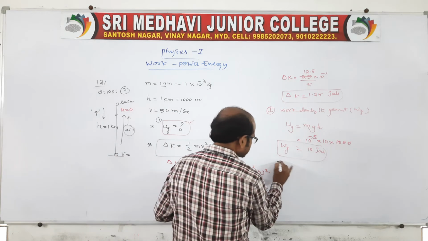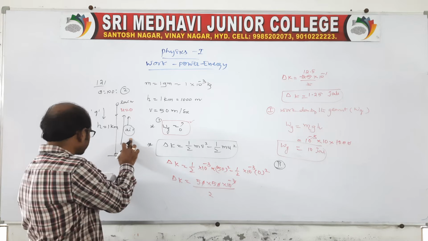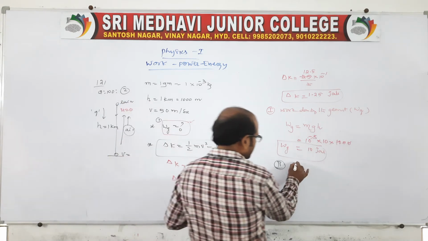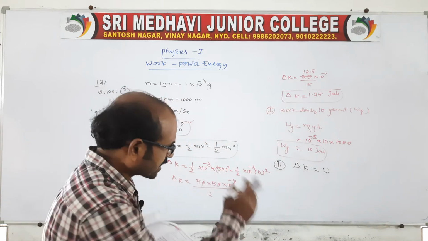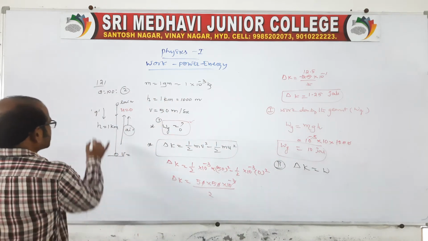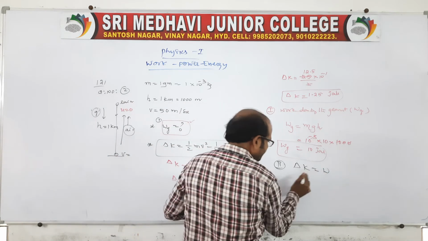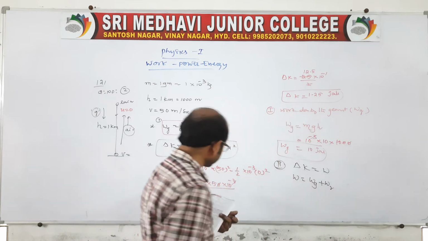So, the second one is asking about the resistive force. Work done by the resistive force is asked, no? Therefore, we can take like this, delta k. Actually, delta k is equal to the work energy theorem, right? But the work done will be two, because the gravitational force is acting as well as the unknown force is also acting, no? So, instead of W you say work done by the gravitational force and work done by the resistive force you take.